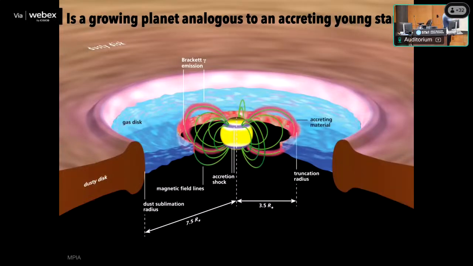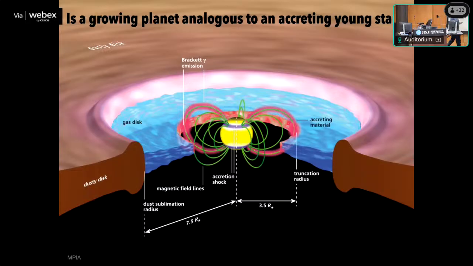So I think one of the interesting questions is, during this formation process of a young giant planet, are growing planets comparable or analogous to accreting young stars? And if so, to what extent? So a young star will form primarily from accretion of gas through the disk onto the photosphere of the star, and this occurs typically through magnetospheric accretion.